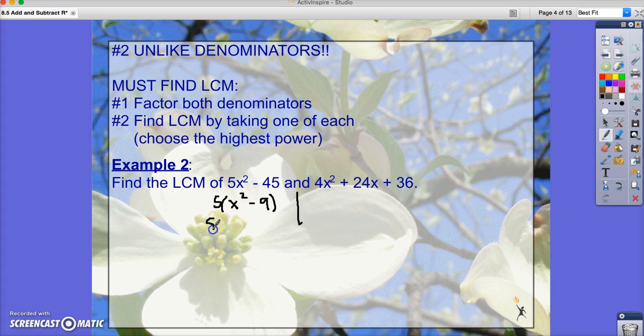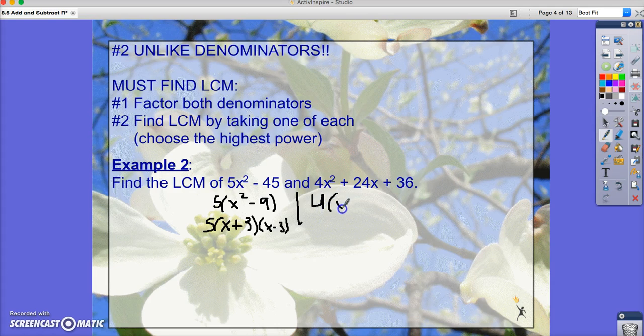And yes, I can factor further because it's x plus 3 times x minus 3, right? All right. On the other one, they all have a 4 in common.